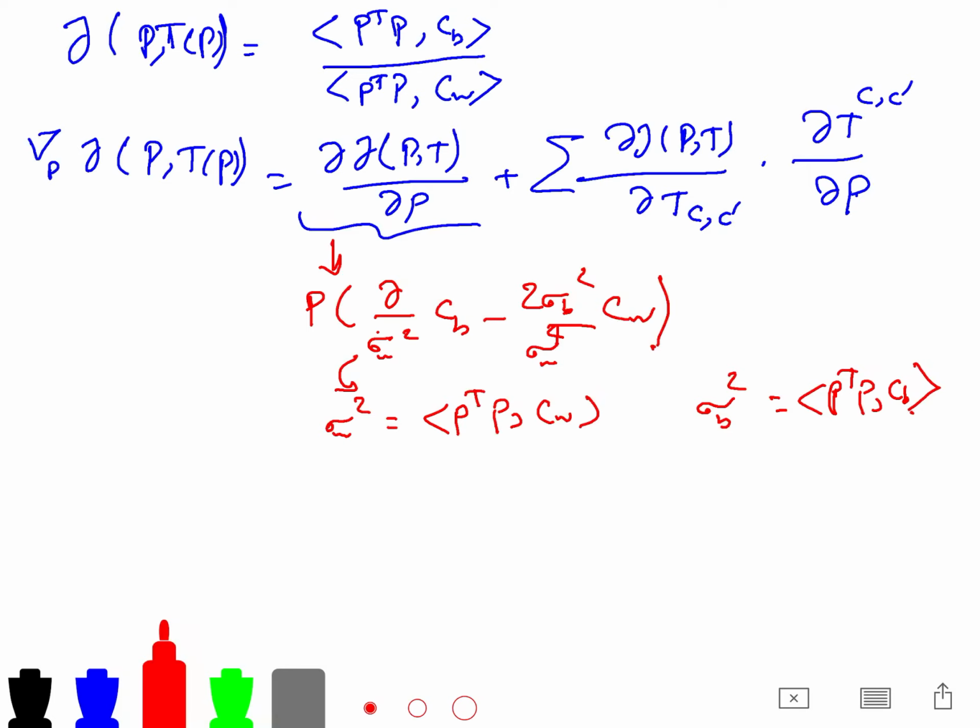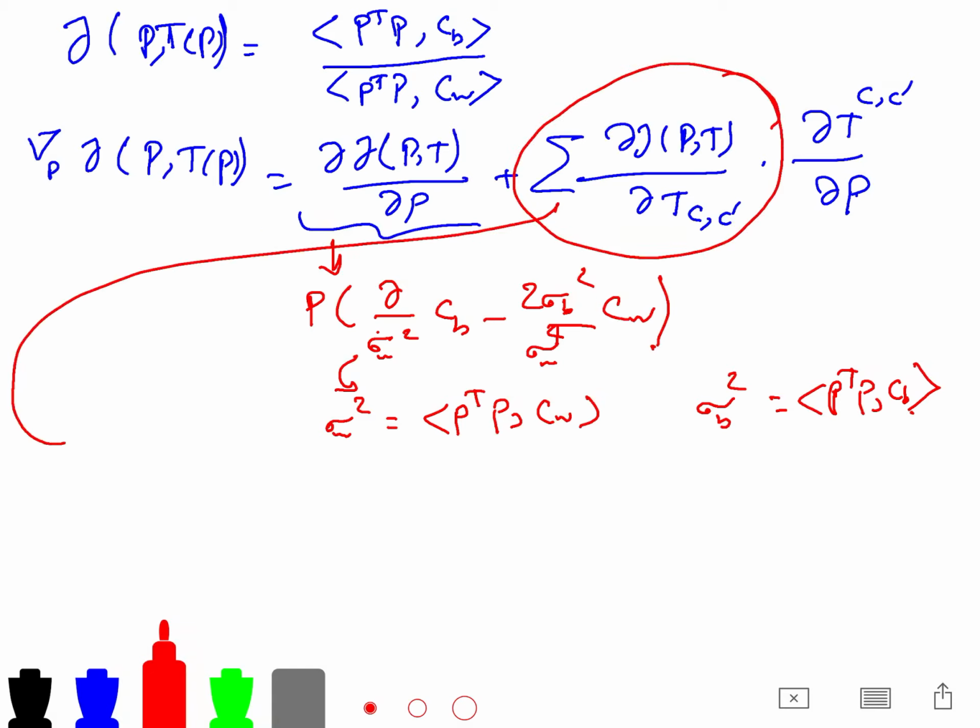This term, I can separate the classes so that this derivative with respect to t, this is not equal to c.